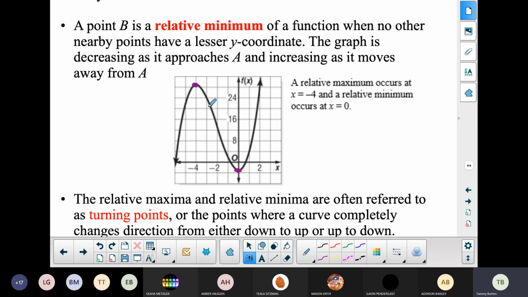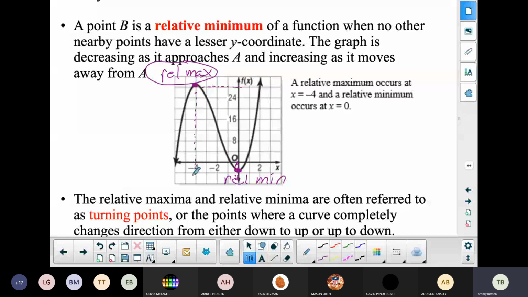And up here, this is what we call a relative maximum. And this one down here is called a relative minimum. Now, you would think when they ask you today, where is your relative maximum, you would read it over to the y to see how high that line goes. But instead, what they want is they want to know at what x value is your relative maximum and at what x value is your relative minimum.